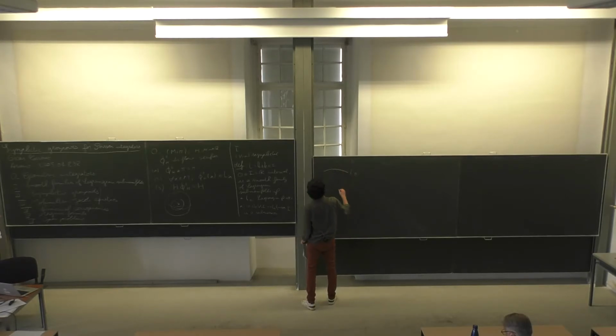okay, so L_0 is here, and then you have L_t like this. It can cross this as well.